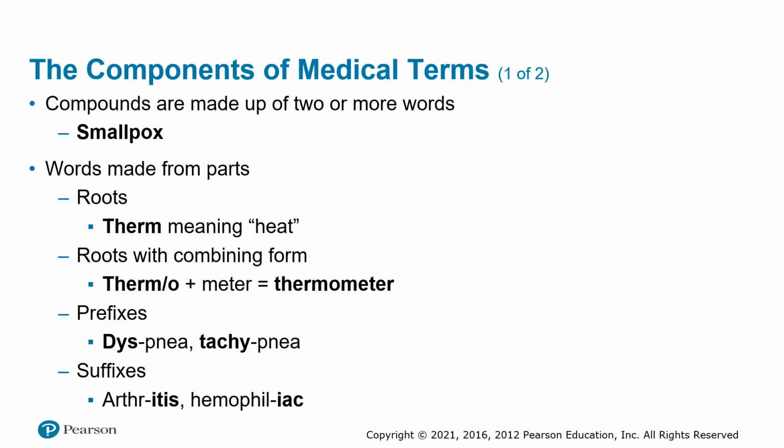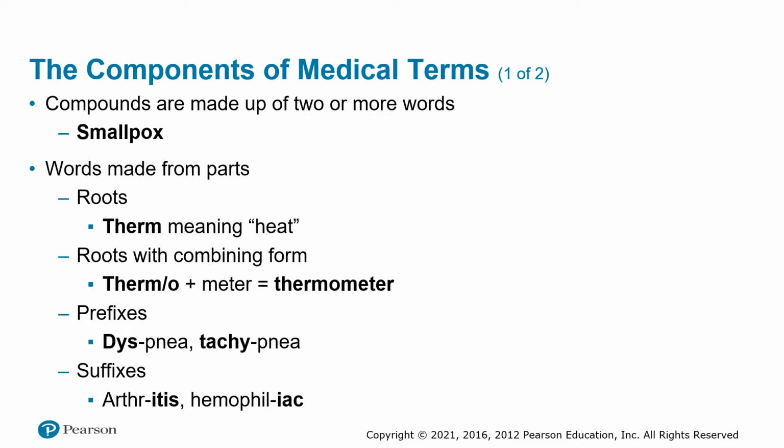Roots are the root word, like therm, meaning heat, cardio, heart, or pulmo, lungs. Then you add a combining form, such as O, and meter, and it now becomes thermometer. So that combining form is an O.